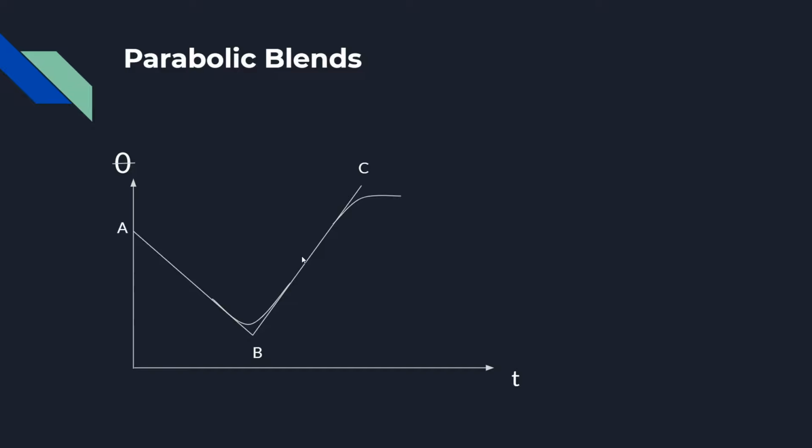But here we actually see that we do not actually reach this point B. This is point B, as we're seeing, we're reaching it while we're going linearly. But in a parabolic blend, we don't actually reach the point. And that, yeah, in some situations you could say that's a bit of an issue.